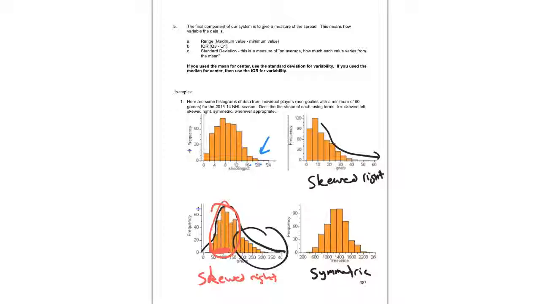So you could make an argument for skewed right, but at the same time, it is pretty symmetric. So I think I'm going to go with symmetric. Because this tail is so small, this side here balances out pretty well with that side there. So symmetric, you could go skewed right. There's definitely some interpretation involved.